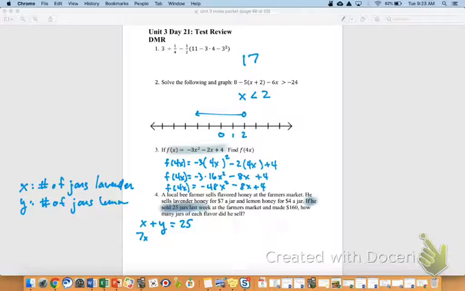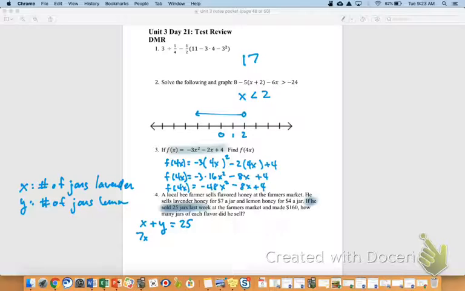Does that mean he sold 25 lavender and 25 lemon? That would mean he sold 50 jars total, right? We know that he sold a total of 25, but we don't know if it's 19 and 6, 7 and 18, 9 and 16, 1 and 24, 25 and 0. We don't have a clue. So that's why we've got to represent the number of jars with variables, because we don't know yet.